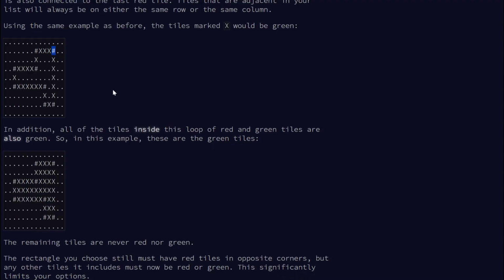Well, every red tile that's on the border of the shape has 2 green tiles next to it and 2 non-green tiles next to it.